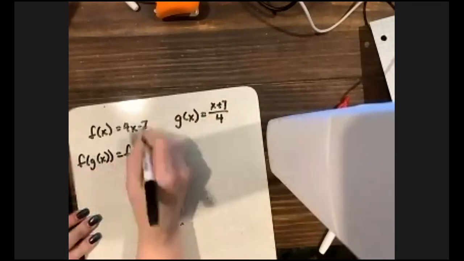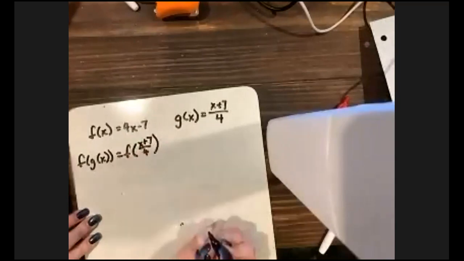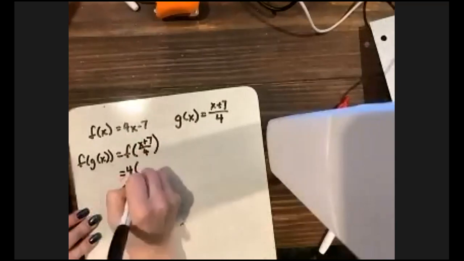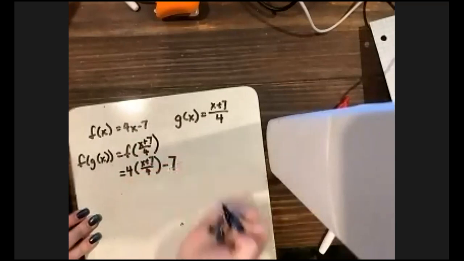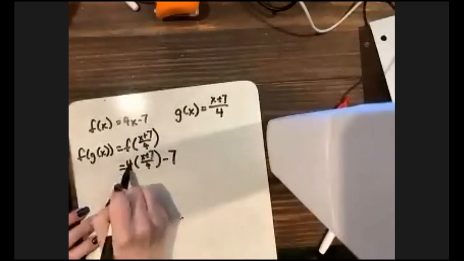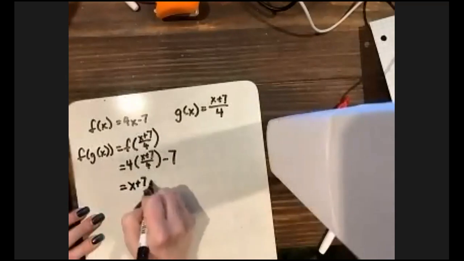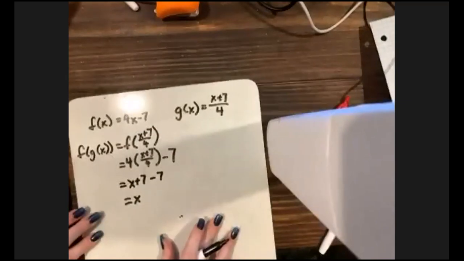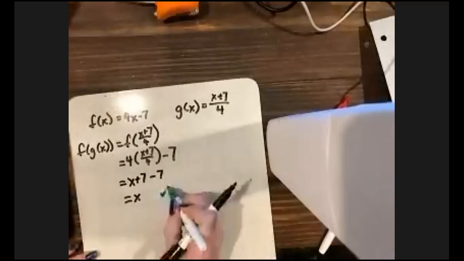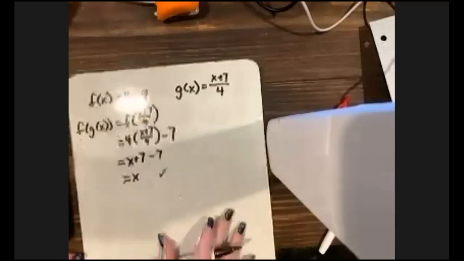So that is f of x plus 7 over 4, which is going to be 4 times x plus 7 over 4, minus 7. This multiply by 4, divide by 4 will cross off. So I have x plus 7 minus 7. The plus 7 minus 7 will cancel off. That's good. That's what we're looking for. We are looking for plain x.